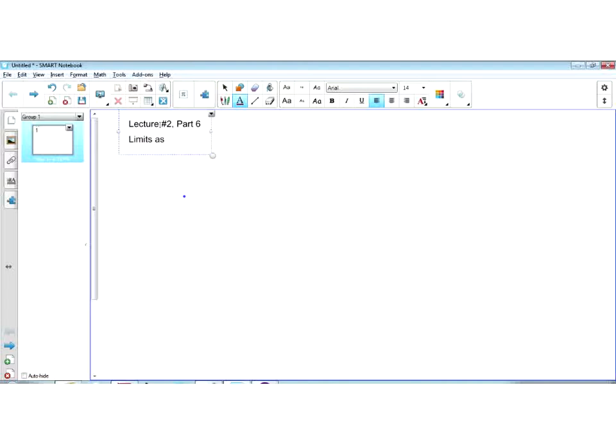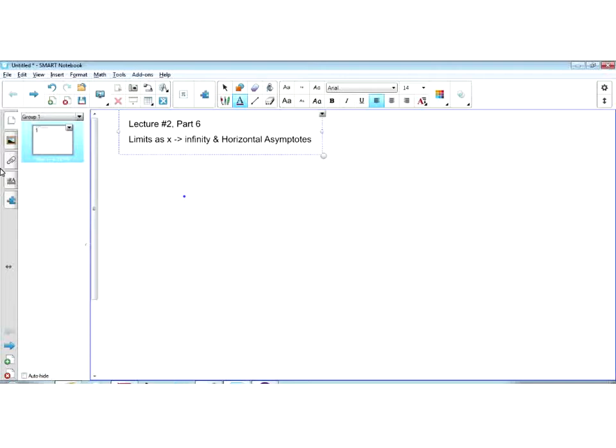Limits as x approaches infinity and horizontal asymptotes.